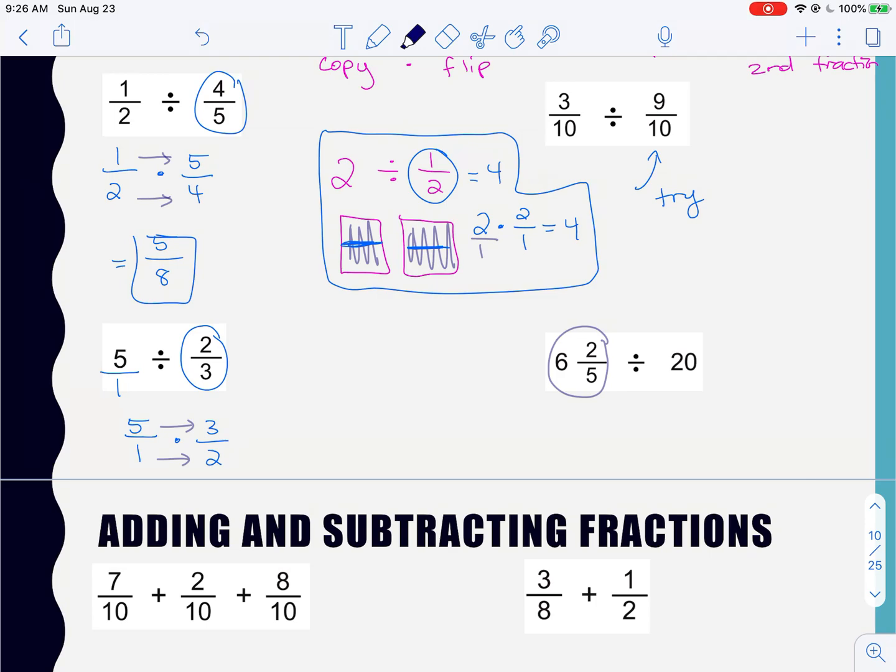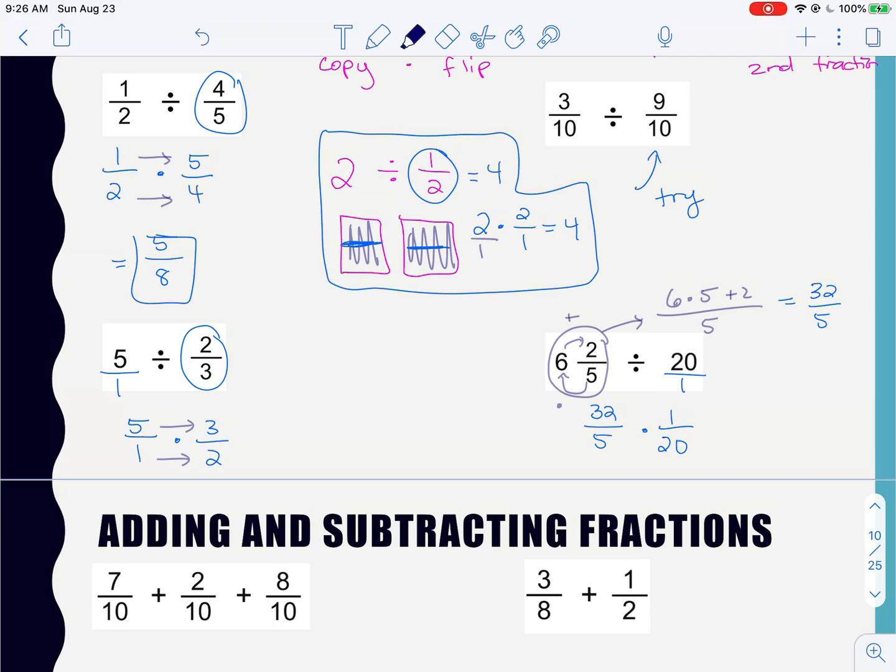On the next one, we have another mixed number, so we're going to change it to improper. So this is going to be 6 times 5, so take the denominator times the whole number, and then add the numerator, and then add 2, and then the denominator stays the same. So this is going to become 32/5. So this problem is going to be 32/5 times 20, which is 20/1 if you want to make it into a fraction.